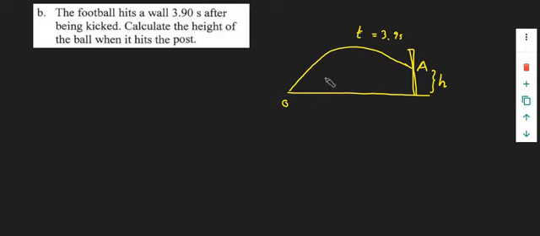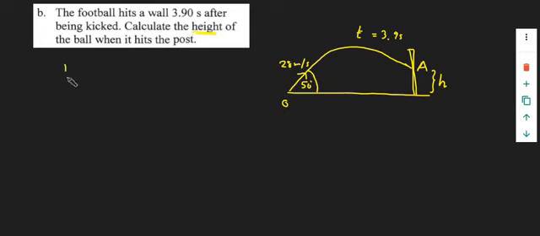The starting angle is 50 degrees, and the starting speed is 28 meters per second. All this information was given at the beginning of the problem. So how are we going to solve this? They are looking for a height. That's a y displacement.